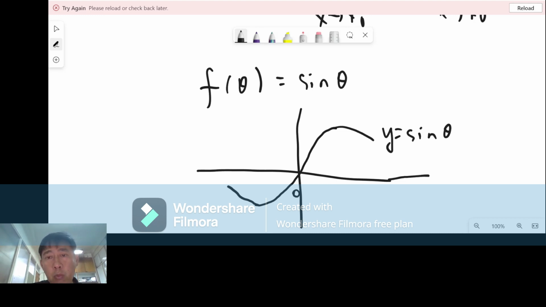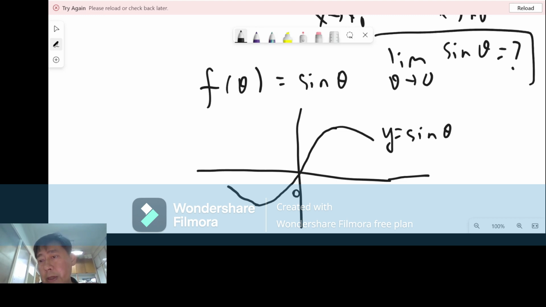Okay, so we want to know what is the limit of sine theta when theta goes to 0. So we answer this question by using the sandwich theorem. So what are the two functions that sandwich the function sine theta? Right.